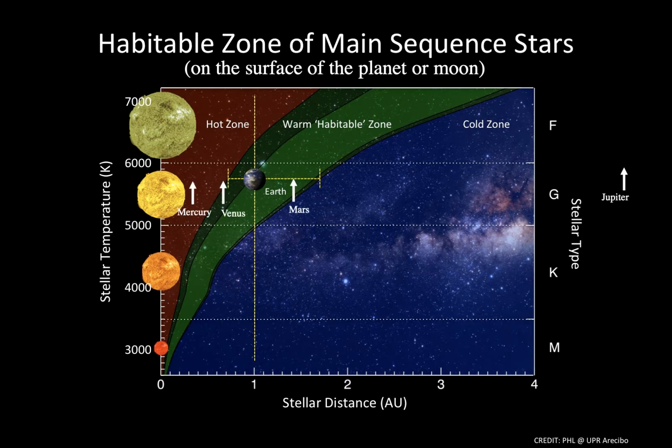So if you look at the positions of other planets, Mercury is much too close. It's very hot there. Venus is almost within the habitable zone, but its atmosphere precludes that, because its atmosphere is sort of a runaway greenhouse.